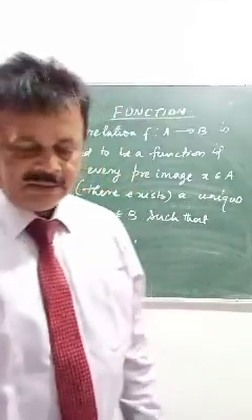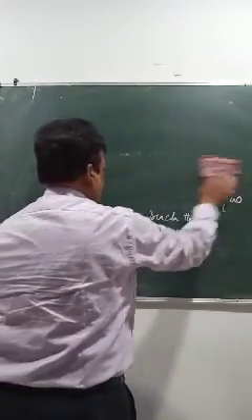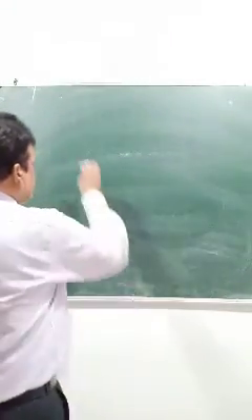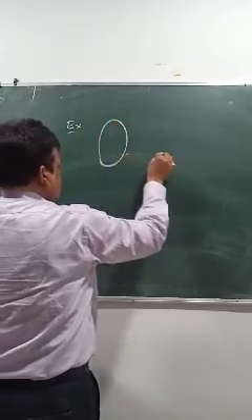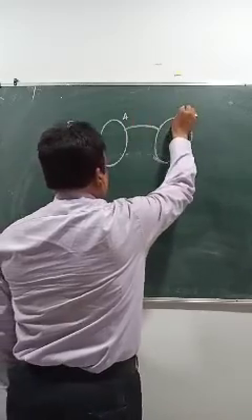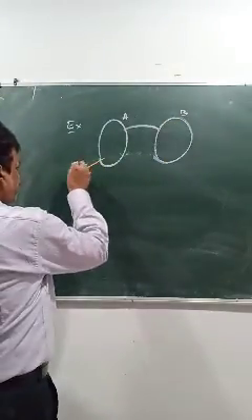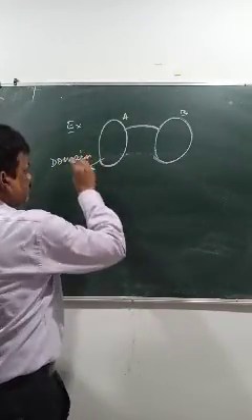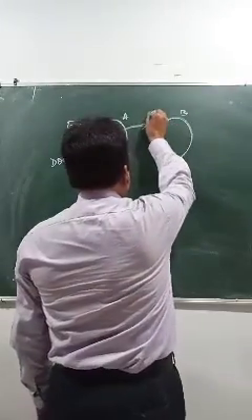So what does it mean? Try to see. Suppose this is A, this is B. This we call as domain, which you have studied in class 11. This is codomain.